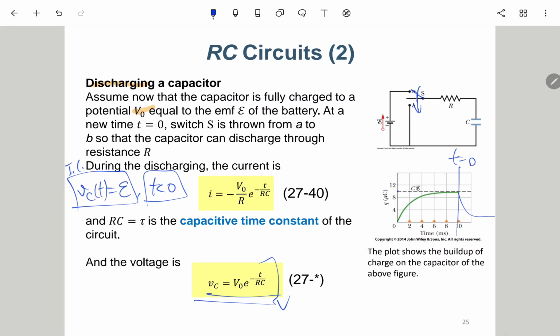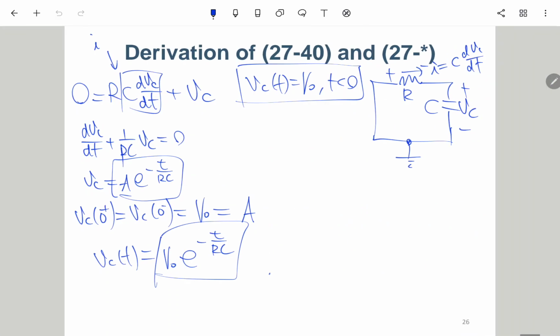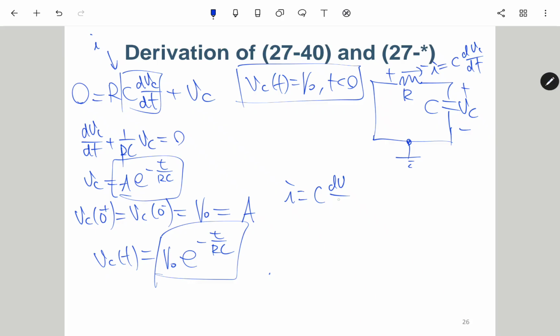So here we have already derived this one, and for this one it is easy. I equals C dVc/dt. So C dVc/dt, with Vc like V0 exponential to negative t over RC, and then the chain rule gives negative 1 over RC.